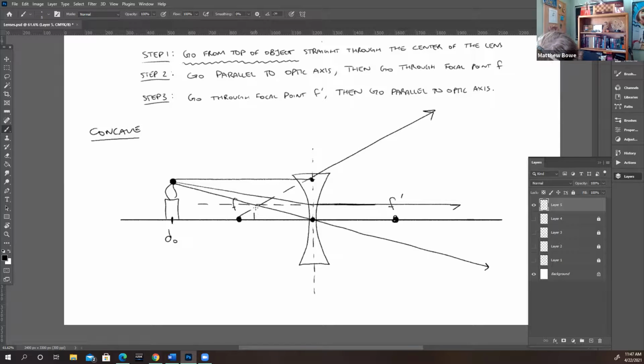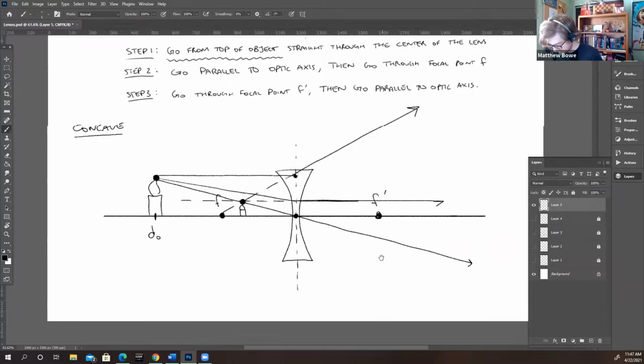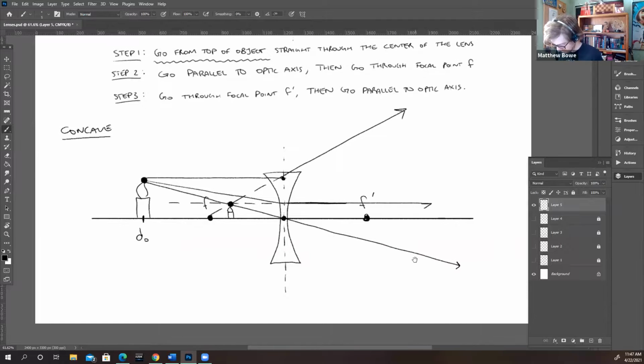Let me put the dot first so you can see. So it's like right there. So this is a very small image of a candle that would appear, but there is no light sort of creating it. Yeah, that sounds kind of weird to say.